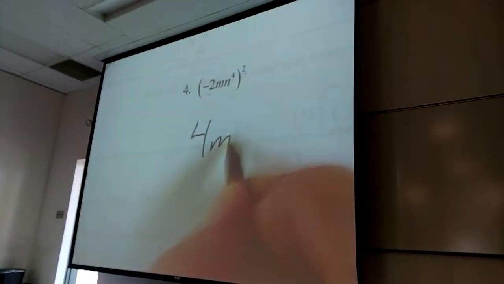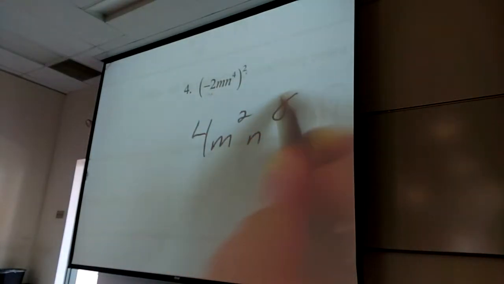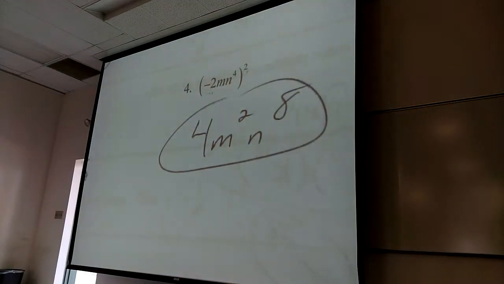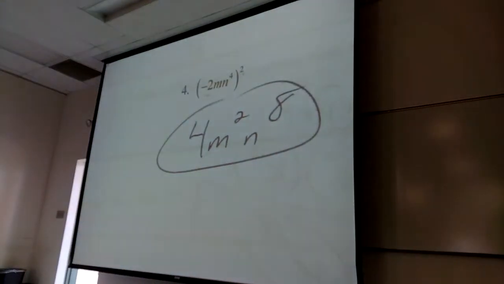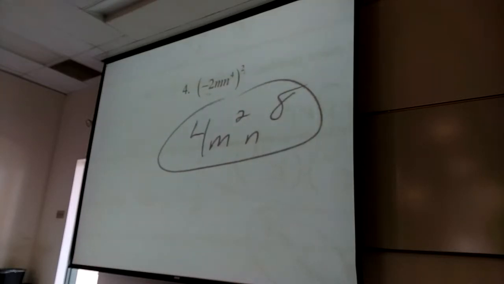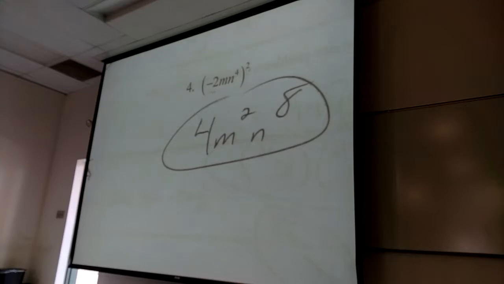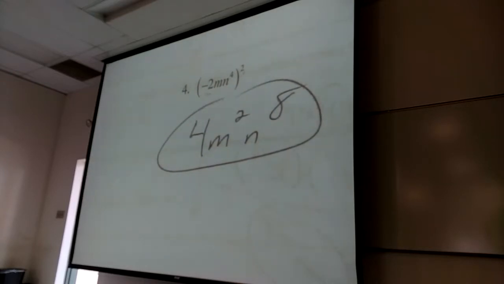M squared, n to the 8. Please, dear God, if you have any troubles with any of these that we've gone over, these are the basics. If you have trouble with these, we're going to be building on these.